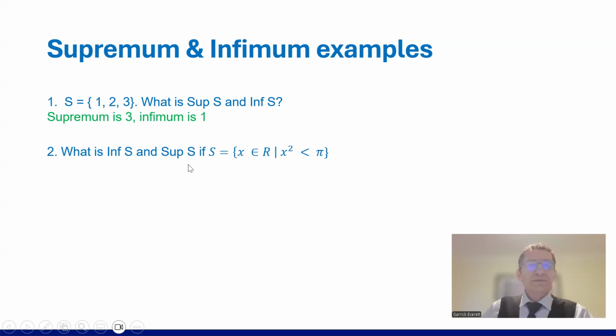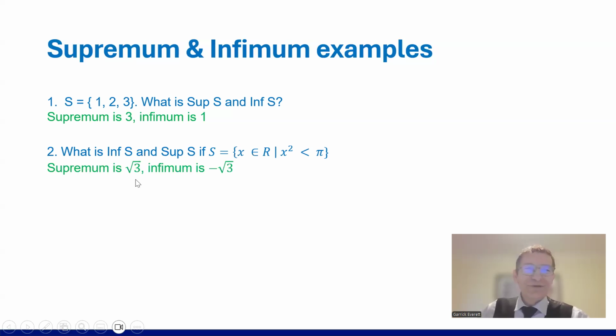What is inf S and sup S if x is an element of the reals where x squared is less than pi? So now we're looking for a real number, and we've got to be careful. We're doing x squared is less than pi, and what is pi? 3.1415, and how many decimal places do you know?